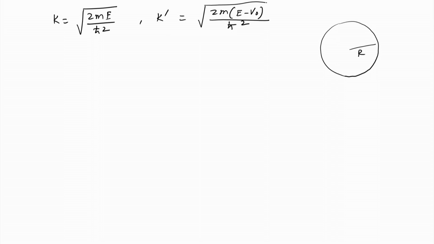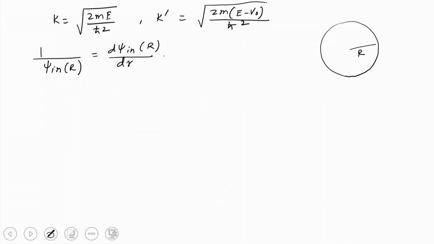Those two boundary conditions, the Dirichlet and the Neumann boundary conditions, can actually be combined to write it as 1 by psi in of r at small r equal to capital R, d psi in dr computed at R, equal to 1 by psi out of r, d psi out.